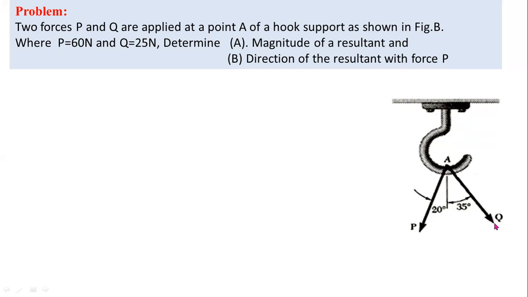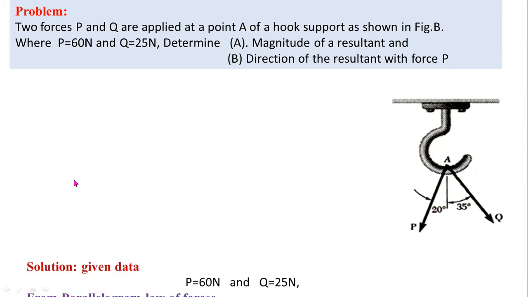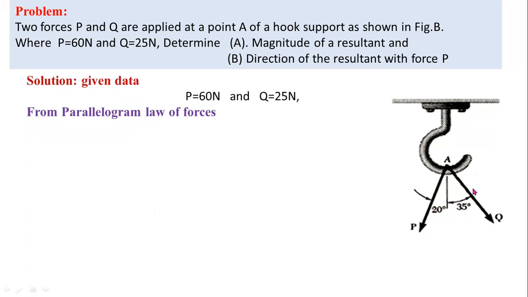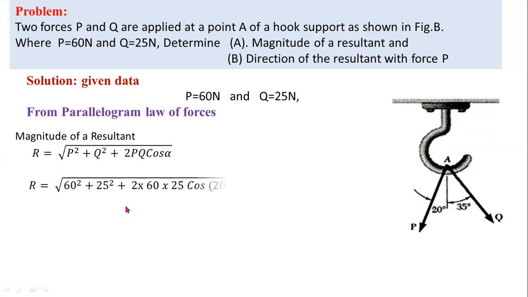Here the angle between these two forces equals 20 degrees plus 35 degrees. The total angle between these two forces, that is alpha, equals 55 degrees. So from the given data, the magnitude of force P equals 60 newtons, Q equals 25 newtons, and alpha equals 55 degrees.